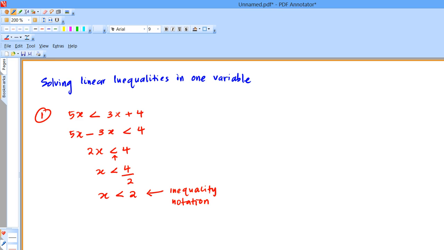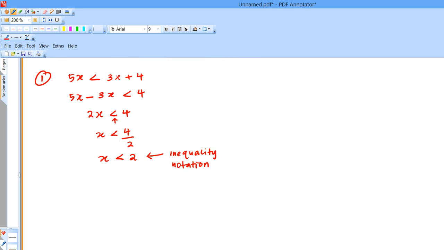Okay, how do we write this solution in interval form or on the real number line? In interval notation, since we have less than 2, it means we use an open bracket. Less than 2 means from negative infinity to 2.